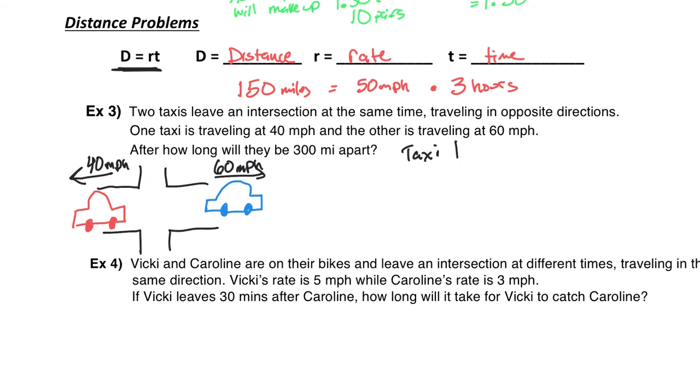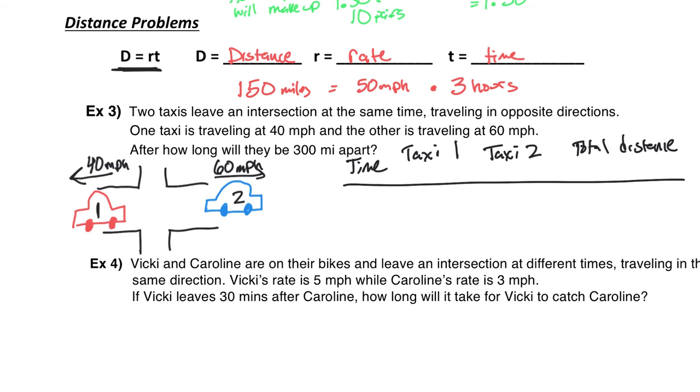Taxi number 1, taxi number 2, total distance, and then let's add time. We know taxi number 1 drives at 40 miles per hour, and taxi 2 drives at 60 miles per hour.